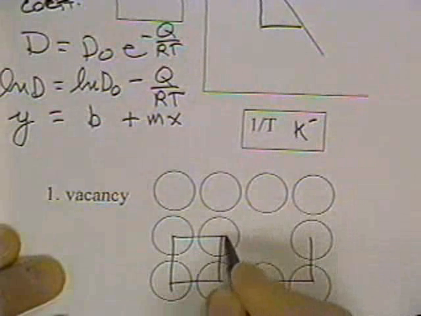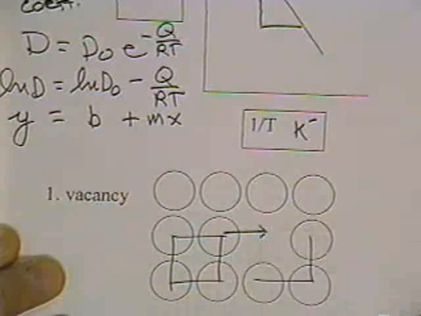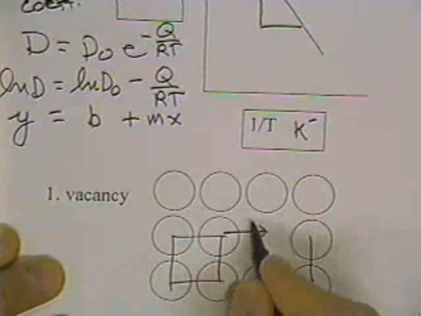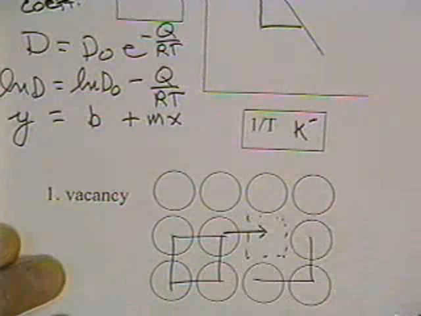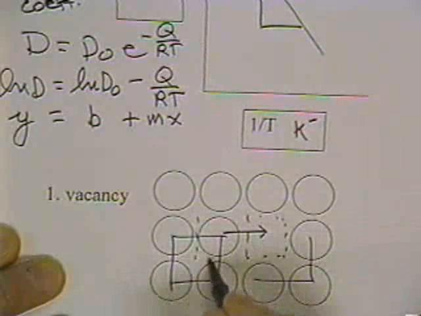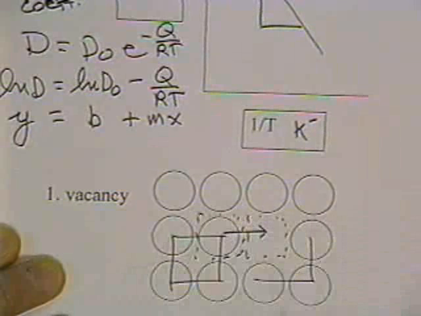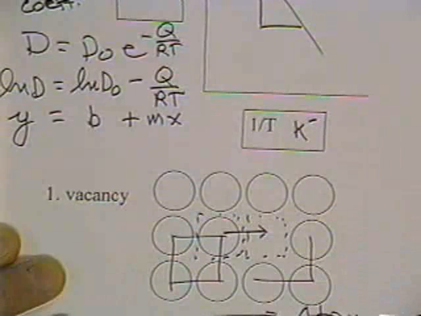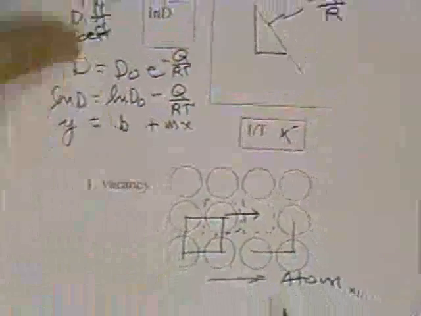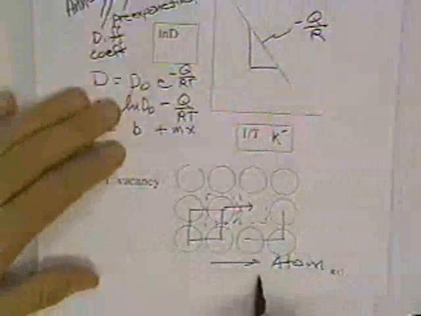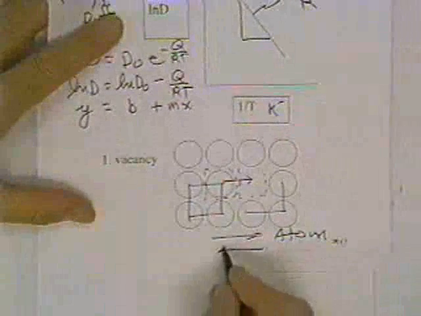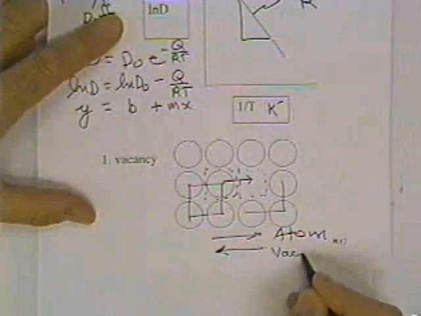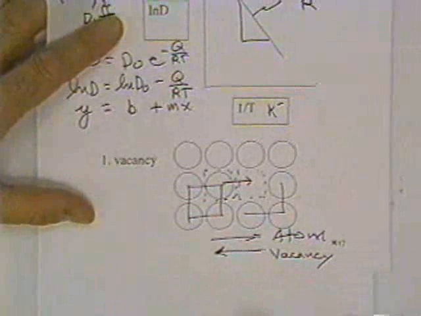So if this atom moves to that lattice site, then we'll make the vacancy, as represented by a square set of dashed lines, then the vacancy moves here. So if the atom goes to the right, then the vacancy will move to the left.